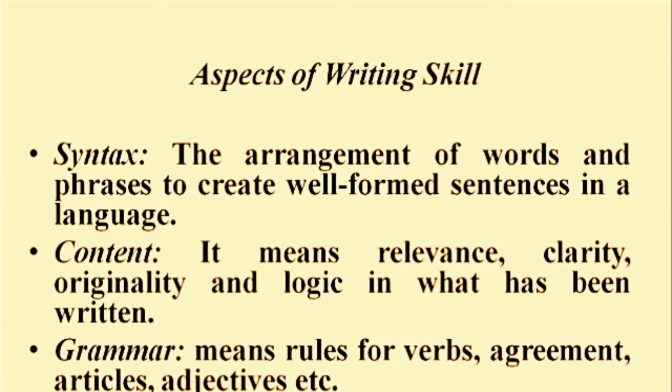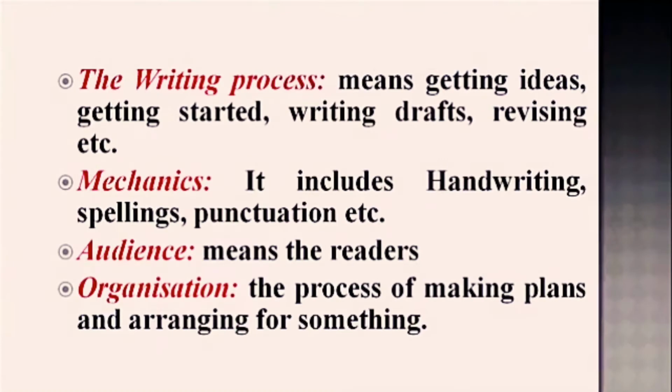Then comes grammar. Grammar means rules for verbs, agreement, articles, adjectives, etc. Then the writing process, which means getting ideas, getting started, writing drafts, revising, etc. Then mechanics. It includes handwriting, spellings, punctuation, etc.